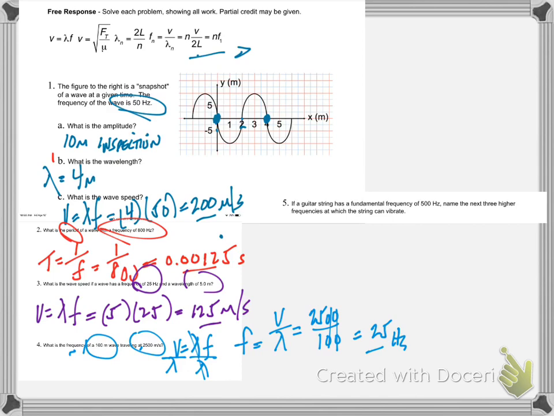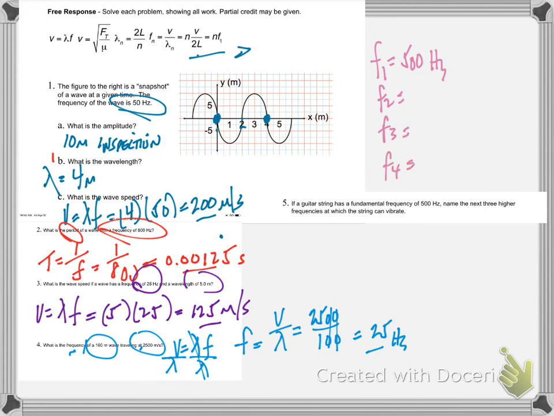Number 5, if a guitar string has a fundamental frequency, so fundamental frequency equals 500 hertz. And they want to know the next 3 higher frequencies. So they want to know F2, F3, and F4.